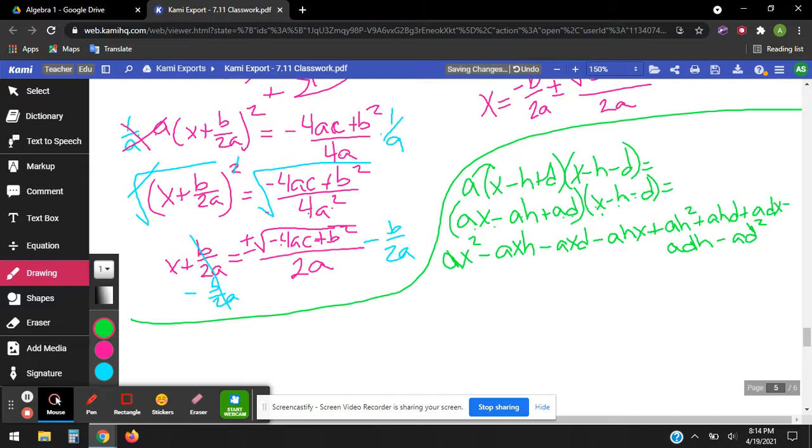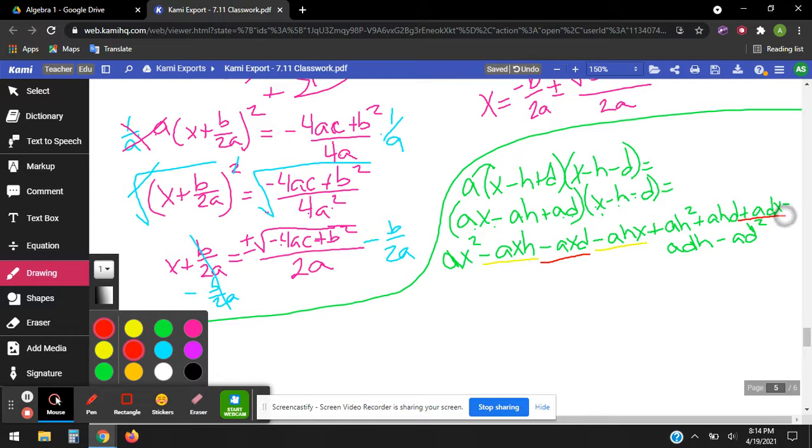All right, now let's see what we have that's the same. Ax squared, I don't have another one. Axh, that's the same thing as ahx. Okay, what else do I have? Axd, adx, so that's the same thing.